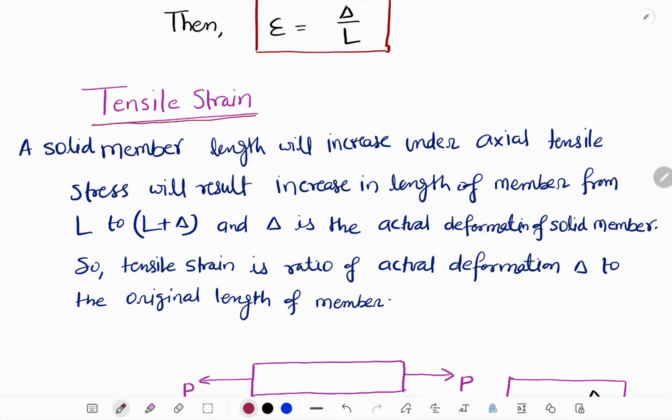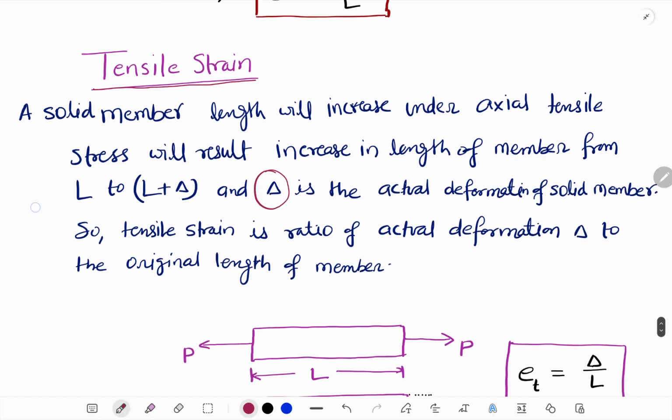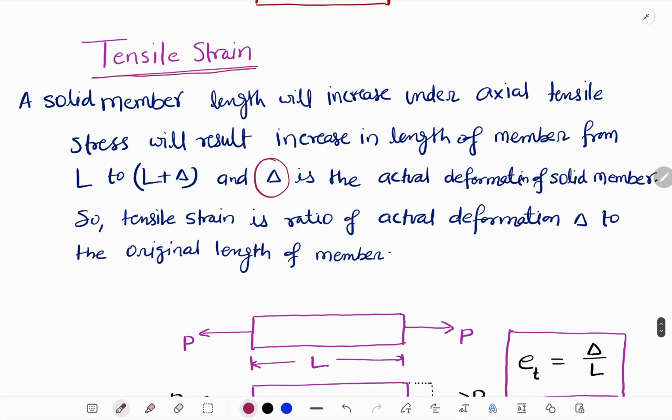So here tensile loading condition applies. The length of the member increases from L to L plus delta, where delta is the increase in length, the actual deformation of the solid member.